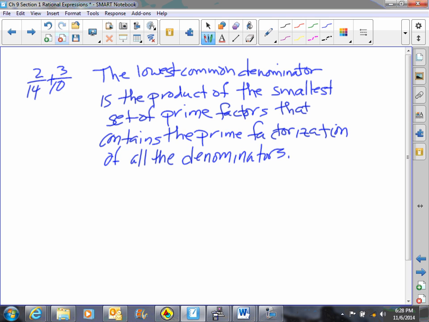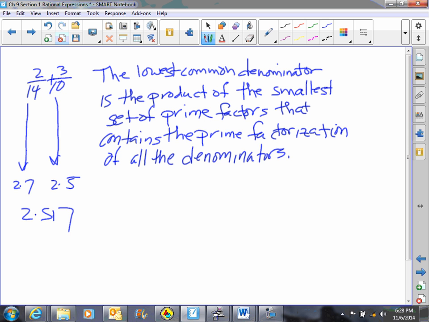Now, in the case of the two fractions I have here, 14 is 2 times 7, and 10 is 2 times 5. Now, the smallest set of prime factors that contains the prime factorization of both 14 and 10 is 2 times 5 times 7.